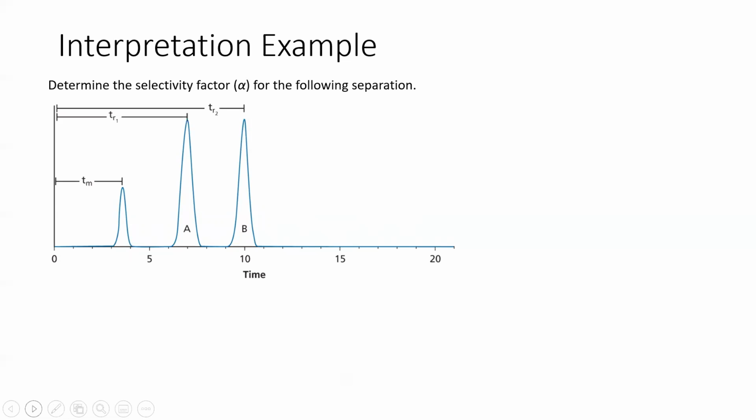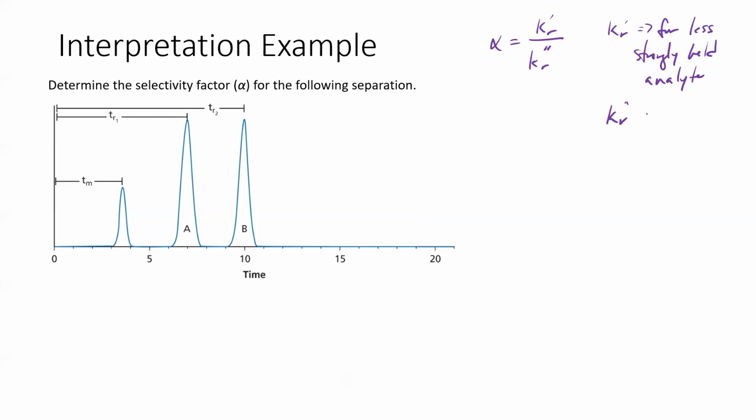The selectivity factor is a way for us to compare two different analytes, and it's equal to this retention factor, I'm going to say prime, over retention factor double prime, with the knowledge that Kr prime is for the less strongly held analyte, and Kr double prime is for the more strongly held.